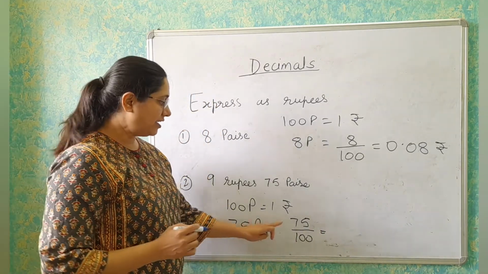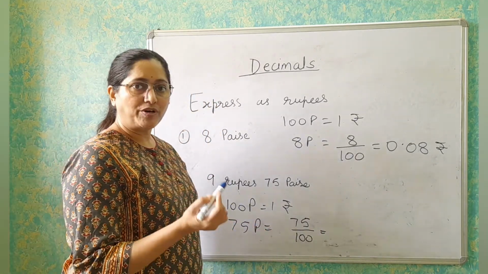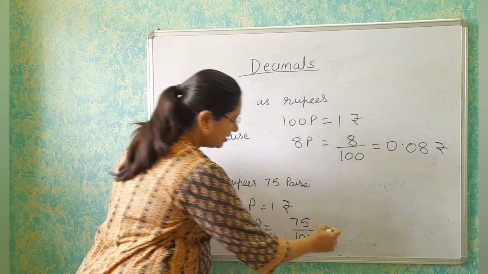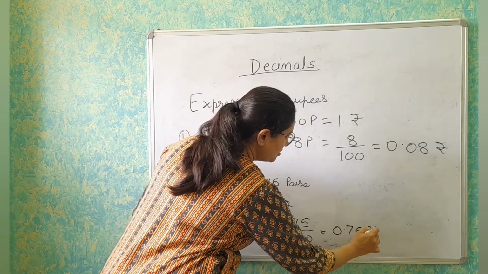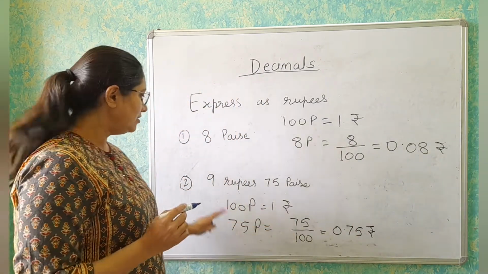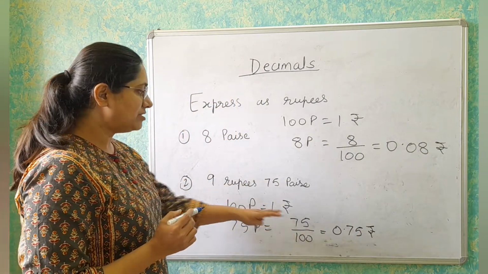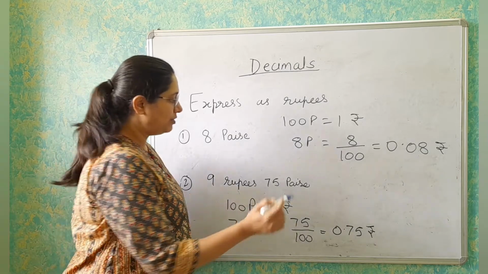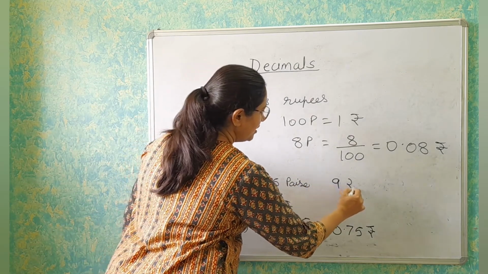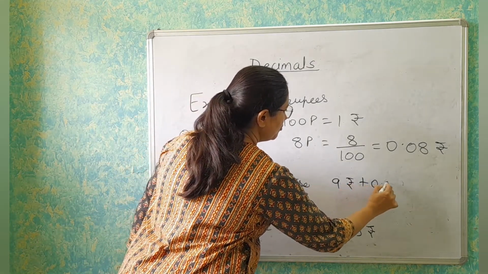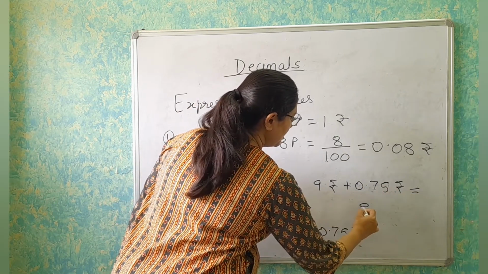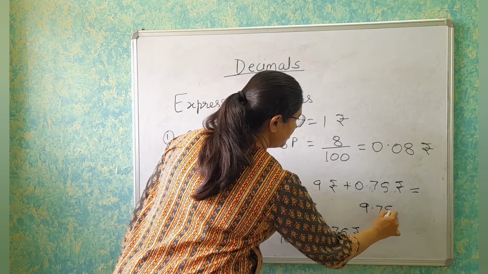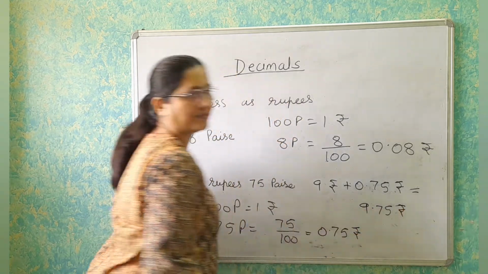Again, we are dividing a number, so the decimal point will shift to the left hand side and the answer will be 0.75 rupees. Now we have to add these two, 9 rupees and 0.75 rupees. So our answer will be 9.75 rupees.